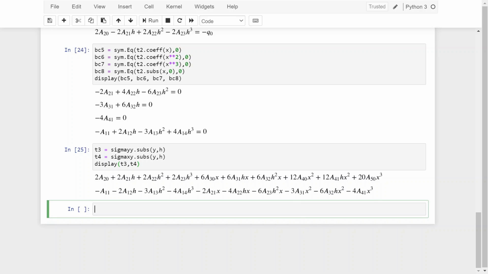All right. So again we proceed with the writing of the various parts of the boundary conditions. We had stopped previously at BC8, so next is BC9. So sim dot equation. This time we need to use T3, and now coefficient of x, because you see here in this T3 expression again we have coefficients of x, x square and x cube. So we'll do that part by part. This must be set equal to 0.